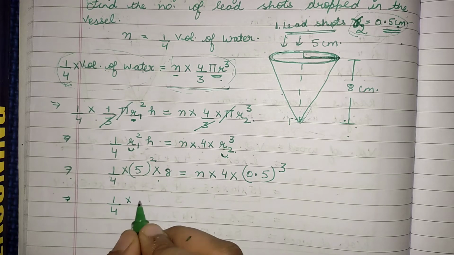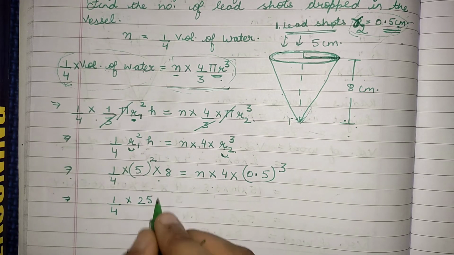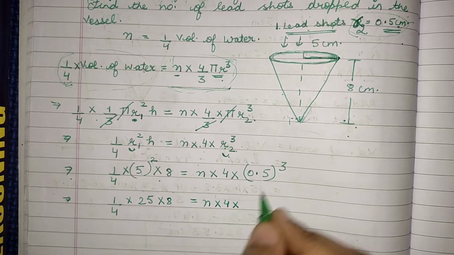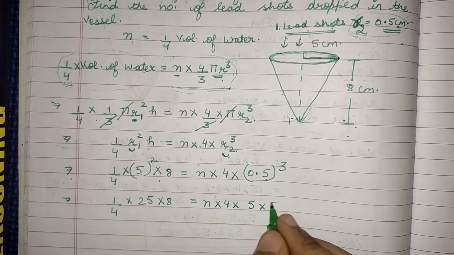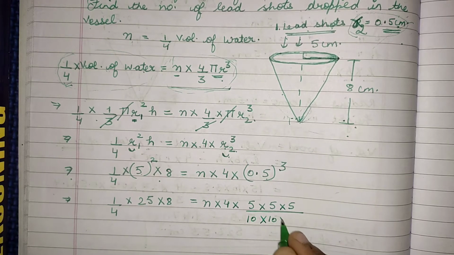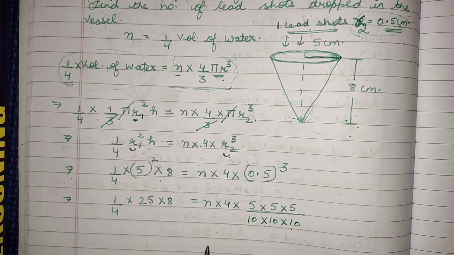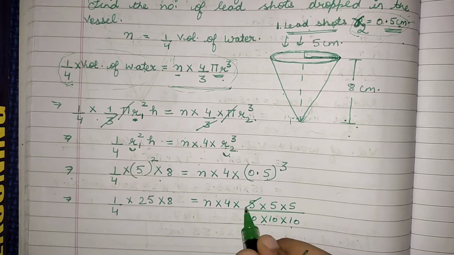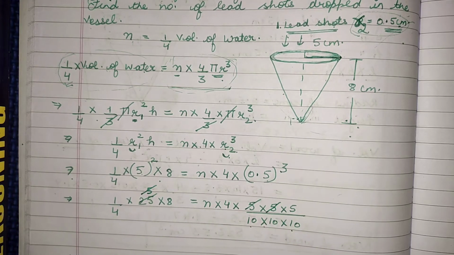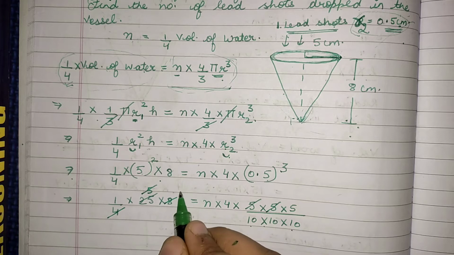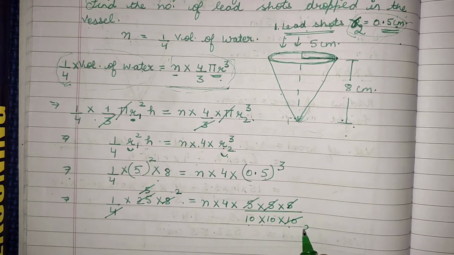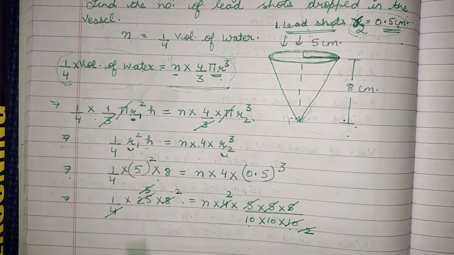Now if I solve this, 5 fives are 25 into 8 is equal to n into 4 into 5 into 5 into 5, and if I remove the decimal, I will get 10 into 10 into 10. So 5 fives are 25, and this 5 and this 5 will get cancelled out, and 4 twos are 8, 5 twos are 10, and 2 twos are 4.